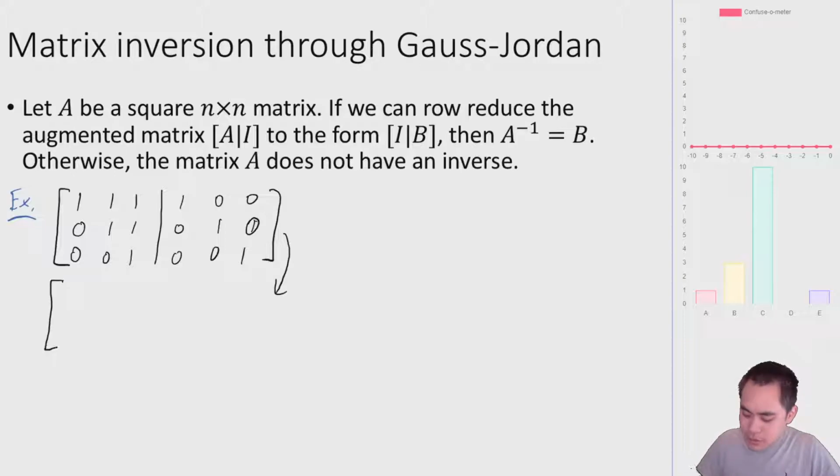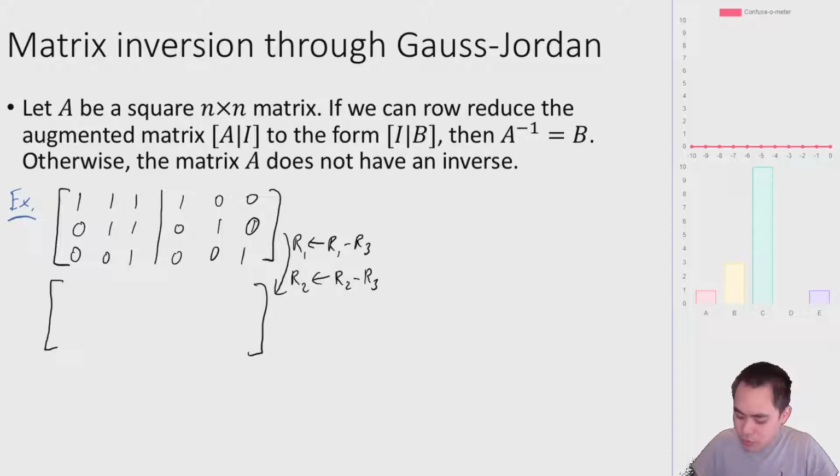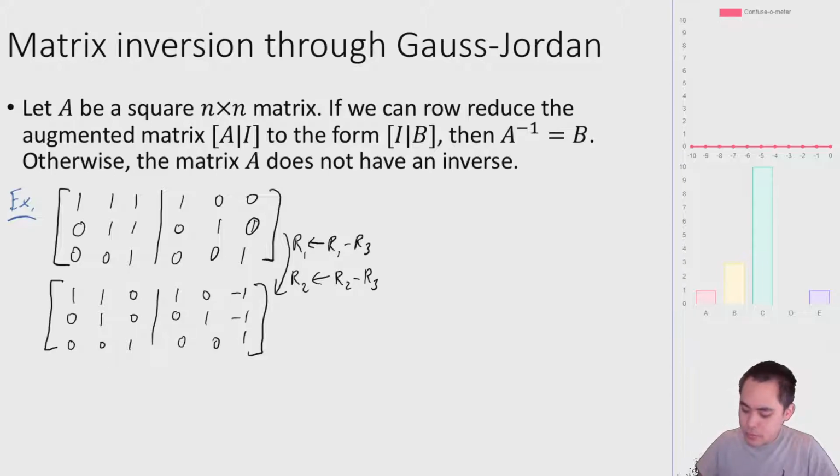I'm going to do two operations at once. Let's say R1 is equal to R1 minus R3, and R2 is equal to R2 minus R3. So what you end up getting is 1, 1, 0, 0, 1, 0, 0, 0, 1, and 1, 0, minus 1, 0, 1, minus 1, 0, 0, 1.